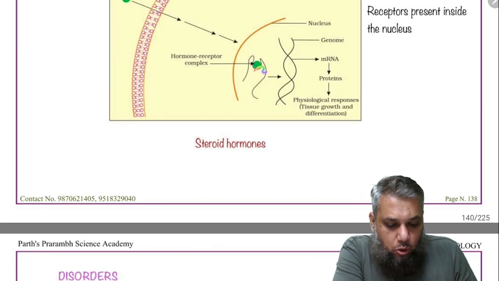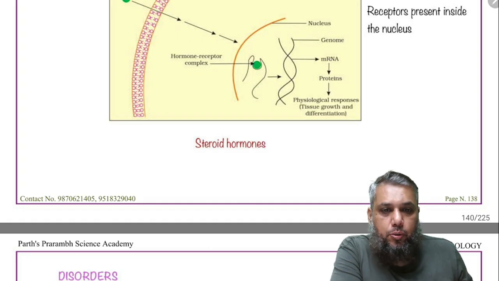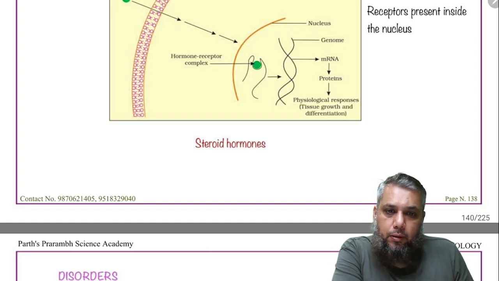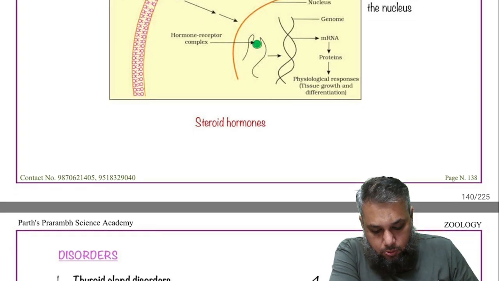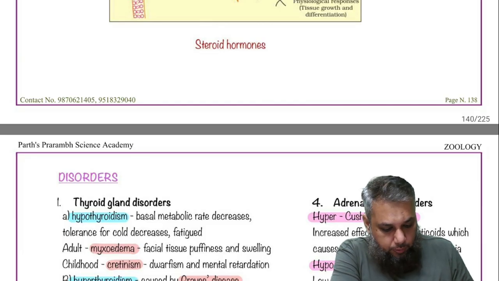Now this hormone receptor complex will bind to the DNA, जिसकी वजह से वो जीन एक्टिवेट होगी, ट्रांसक्रिप्शन होगा, mRNA फॉर्म होगा, ट्रांसलेशन होगा, प्रोटीन फॉर्म होगा, and then it will bring about its particular effect. So that is how the steroid hormones work.